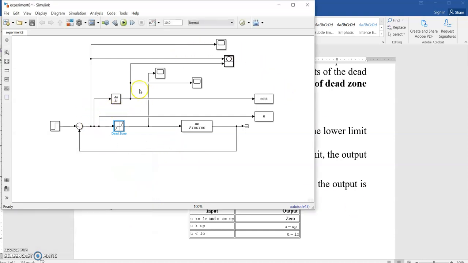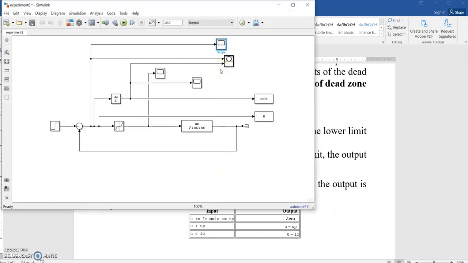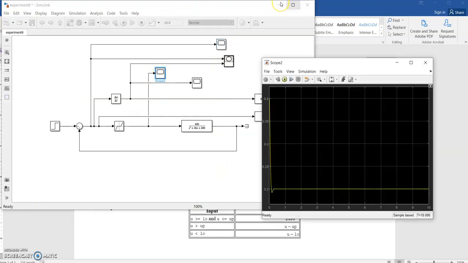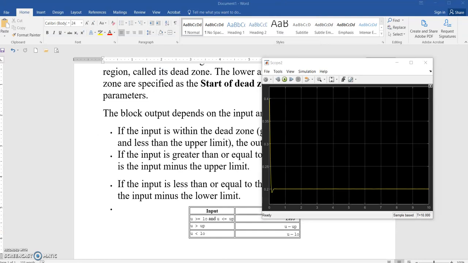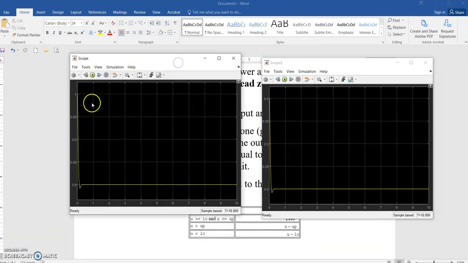Now I wanted to show you the signal before the Deadzone and the signal after the dead zone. Minimize this. So this is the signal before the dead zone block, and this is the signal after the dead zone block.